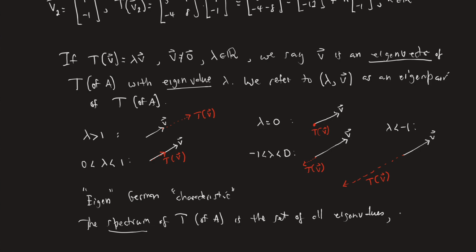And it's often denoted just lambda, because again, we're using lambda, and then we put the matrix A in parentheses. All right. And this idea of the spectrum leads to something bigger called spectral analysis, which I'm not going to write down, but that's a huge thing when you're dealing with finding eigenvalues and eigenvectors.